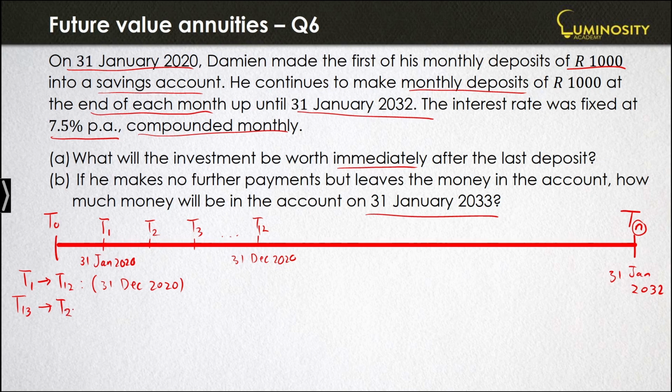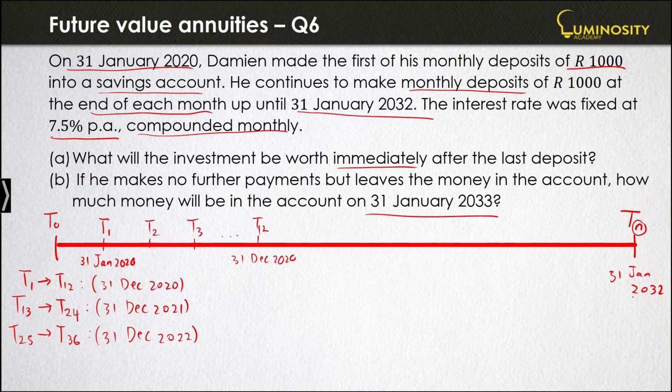So up to T24, that's going to be ending on the 31st of December 2021. We can continue this pattern from T25 up until T36, that's going to be another 12 months, the 31st of December 2022.